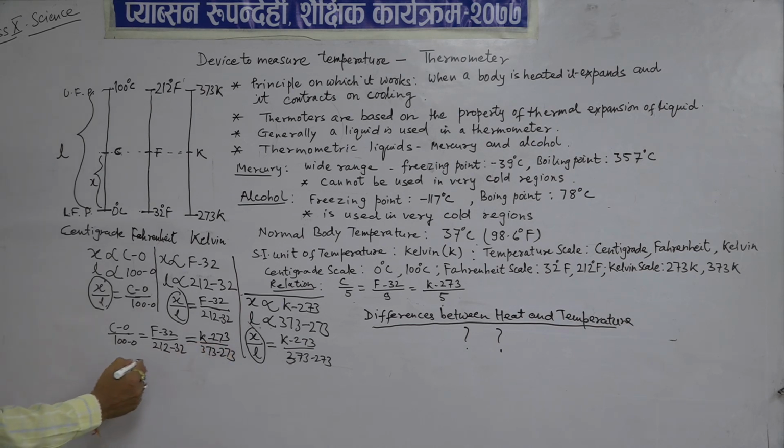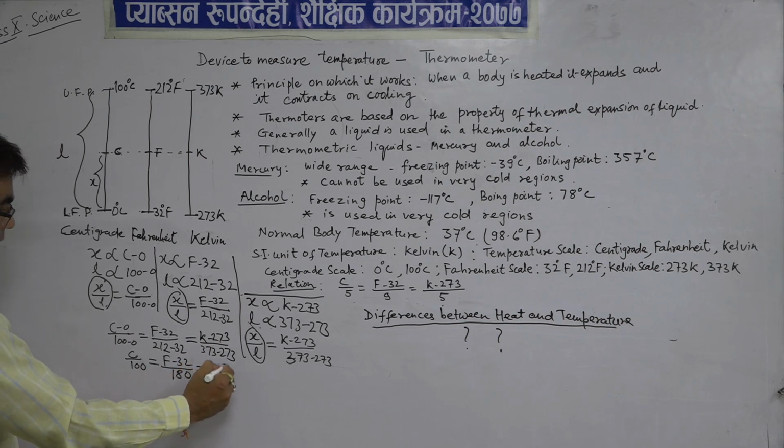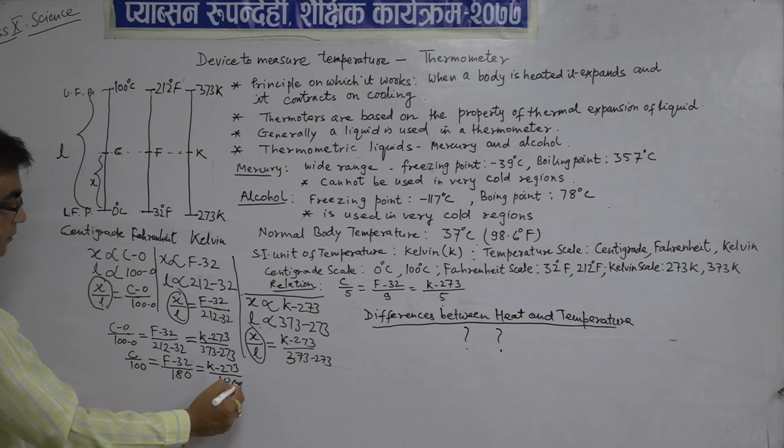If you see this, C minus 0 is C, and 100 minus 0 is 100. So C upon 100 equals F minus 32 upon 212 minus 32, which comes to 180, and this equals K minus 273 upon 373 minus 273, which comes to 100.